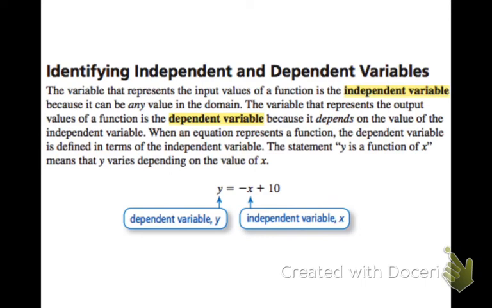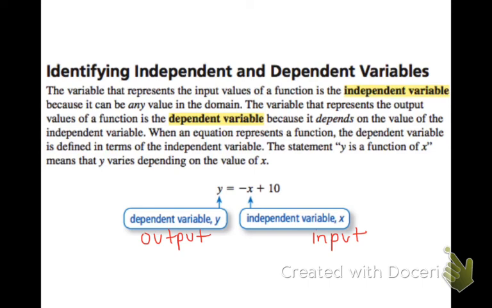So again, the independent variable is the input, and the dependent variable is the output because it depends on the x. When you think of the context of problems, the things that you are substituting in are counted quantities, right?